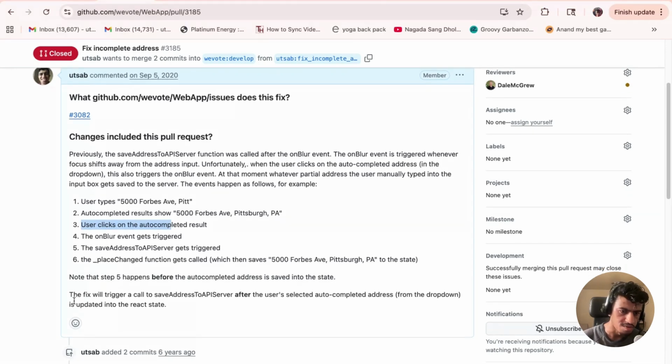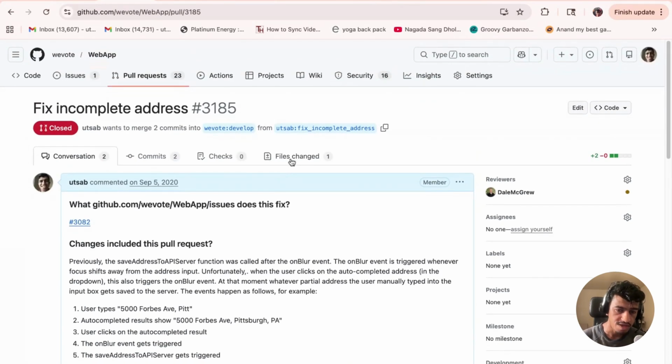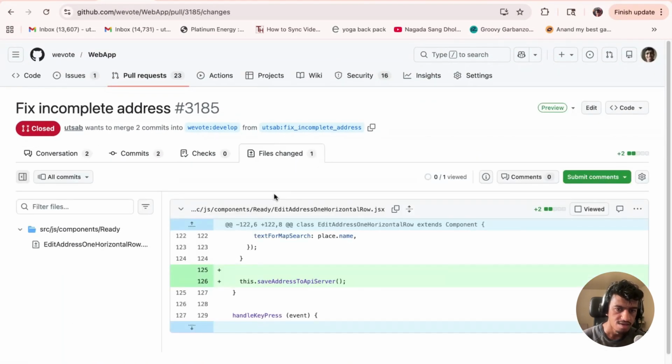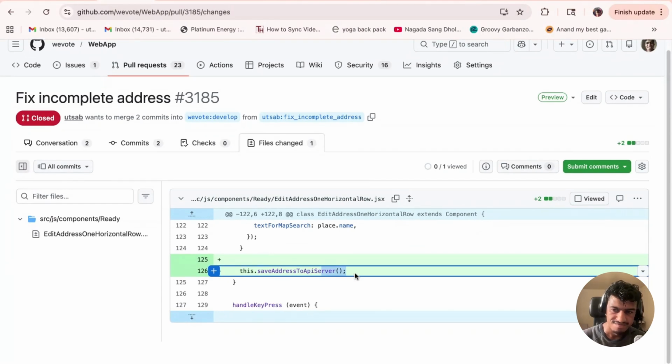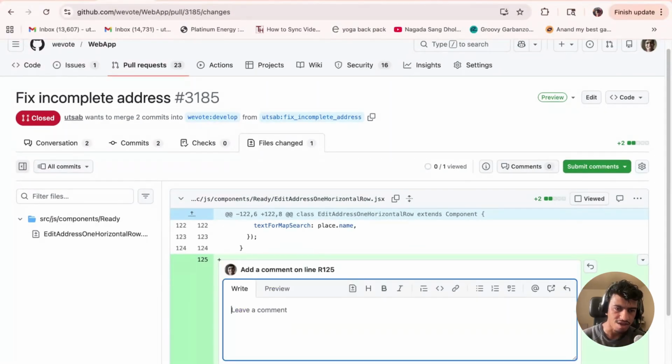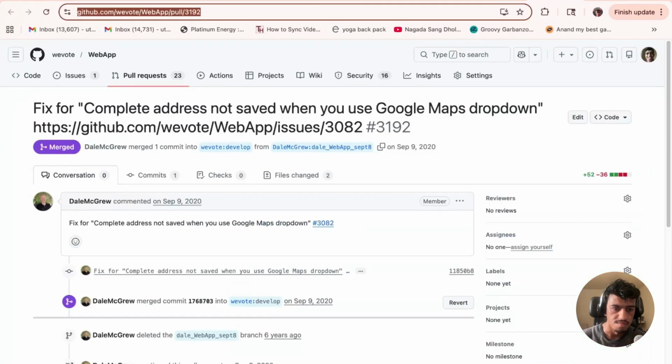So that's a problem. The fix should somehow make it happen in the right order. And I came up with a fix, which was a one-liner that I thought, wow, this solves the problem. The maintainer saw that and was very suspicious, and he ended up rejecting my PR. But he did take inspiration from my root cause analysis, and he submitted a better PR.